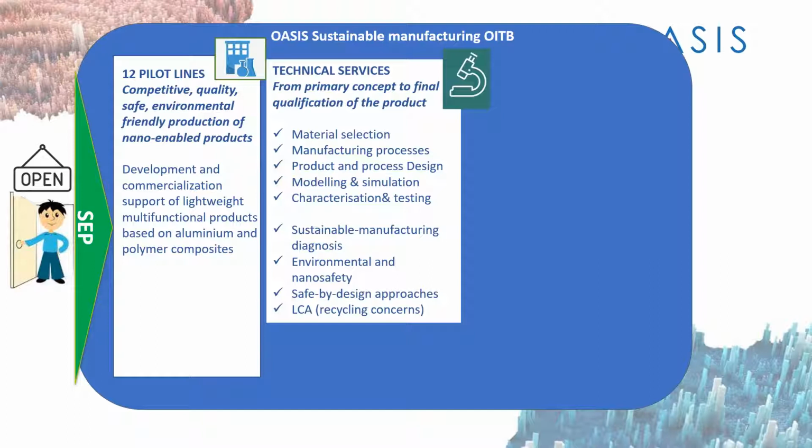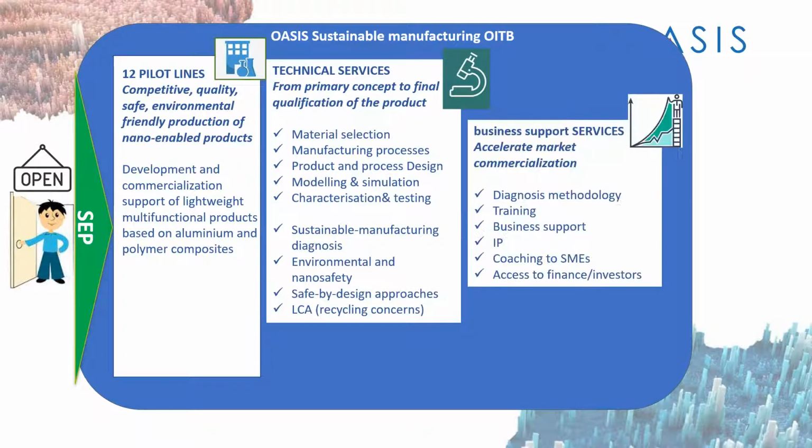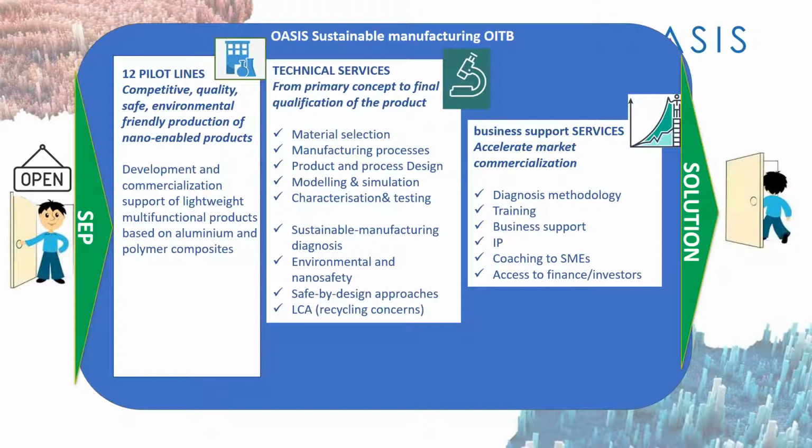And thirdly, the client will also find business support services to understand market needs and accelerate market commercialization of the product developed. When this client leaves the OASIS OITB, the OASIS Open Innovation Testbed, this client is leaving with a solution.